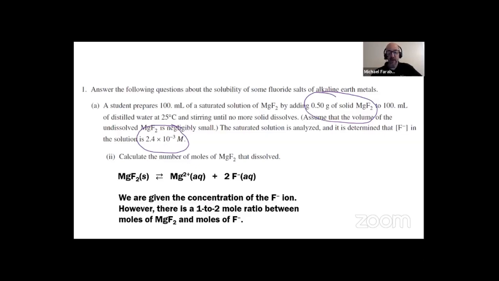But remember that there is a 1 to 2 mole ratio between the number of moles of the magnesium fluoride and the number of moles of the fluoride ion. So we have to make sure to include that 1 to 2 ratio in our conversion factor. Otherwise, if we calculate the number of moles of the fluoride ion, that will not be the number of moles of the magnesium fluoride. It would be twice as much, so we'll have to cut that number in half.